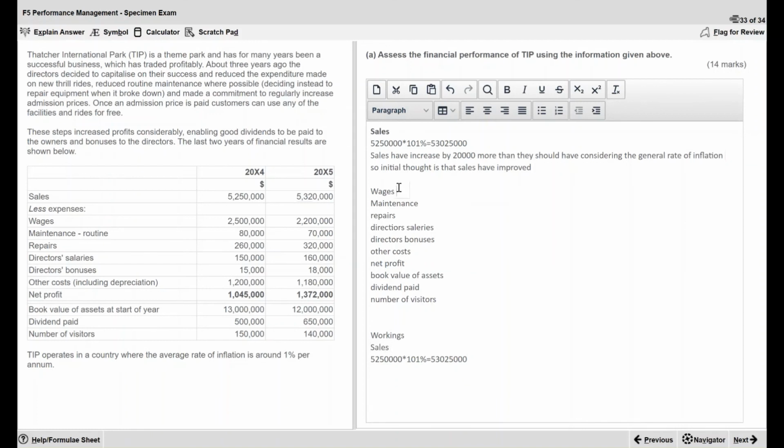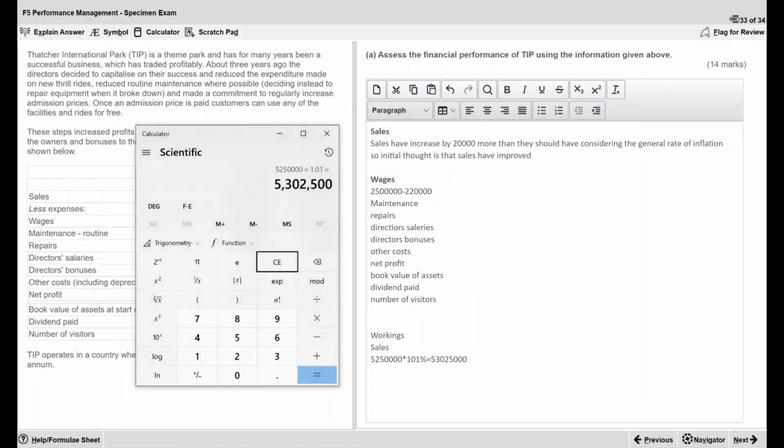Next we have wages. They are 250,000 and 220,000. So that means 250,000 minus 220,000, 30,000.